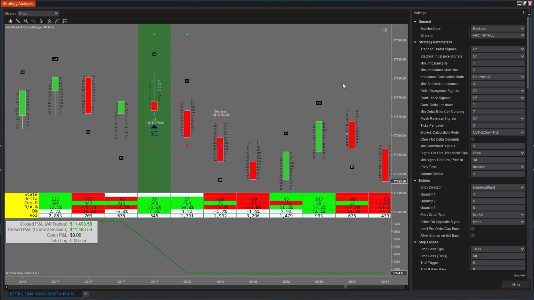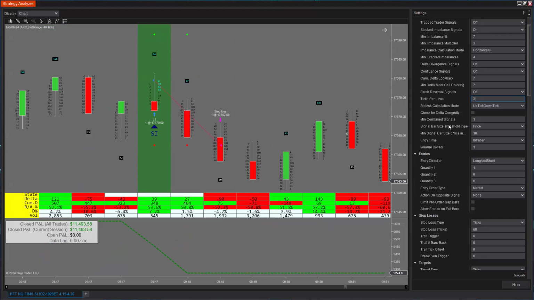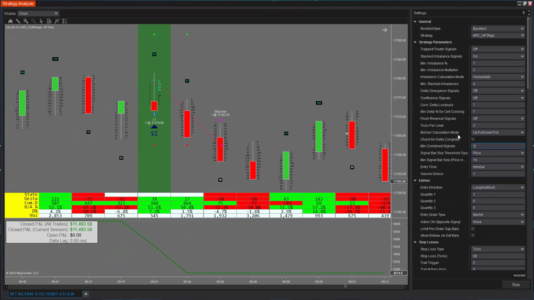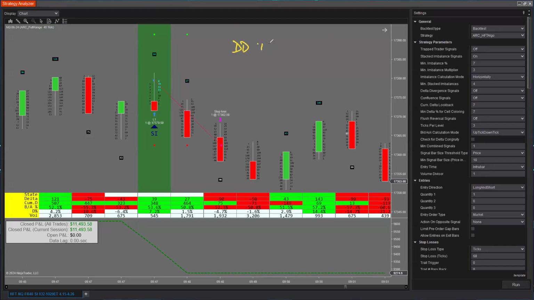Ticks per level, we talked about that. If you're on NQ, you probably want to bump this number up versus ES, you don't really have to. Minimum combined signals. Okay. So minimum combined signals means, let's say you want to trade with delta divergence and you want trap trader. As a hint, you can't have delta divergence and flush reversal. It's not possible.